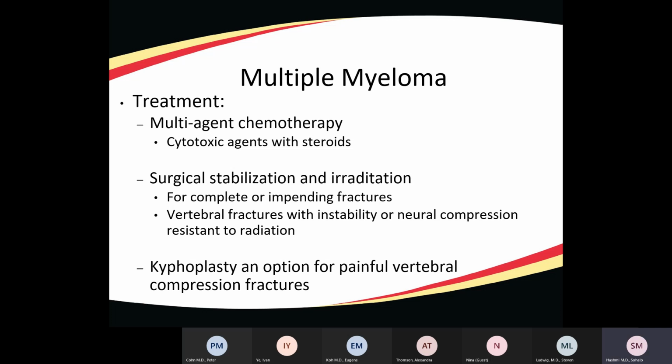Surgical stabilization for complete and impending fractures is performed in patients that have lost structural support, or if the patient has undergone radiation without significant improvement of the lesion and continued pain, that may be an option, as well as kyphoplasty if it's a painful fracture.